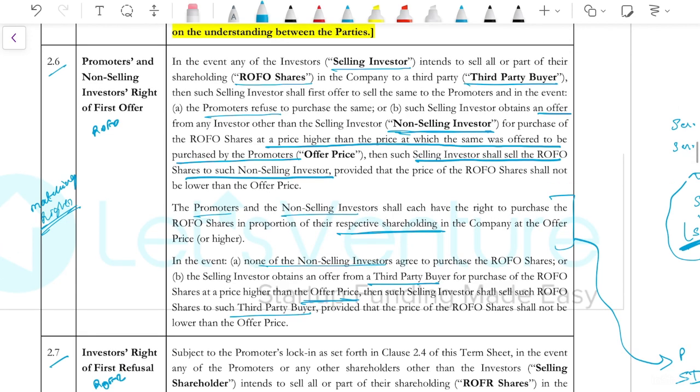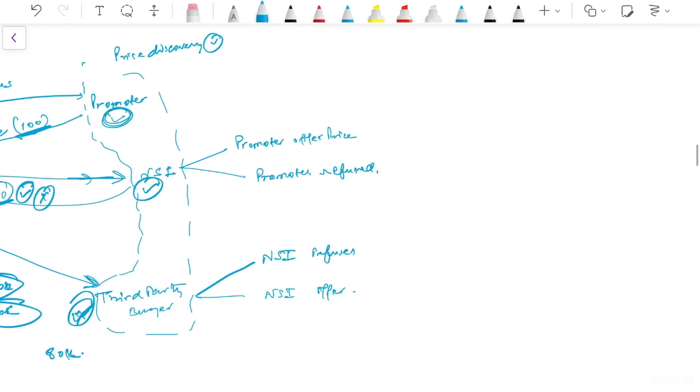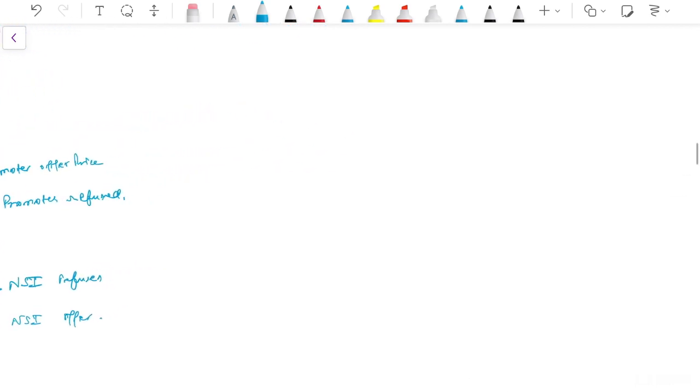Now, I hope this clause is clear to you, because now understand one more thing. In the example, the obligation to follow ROFO lies with the selling investor, and the right of first offer is available with whom?